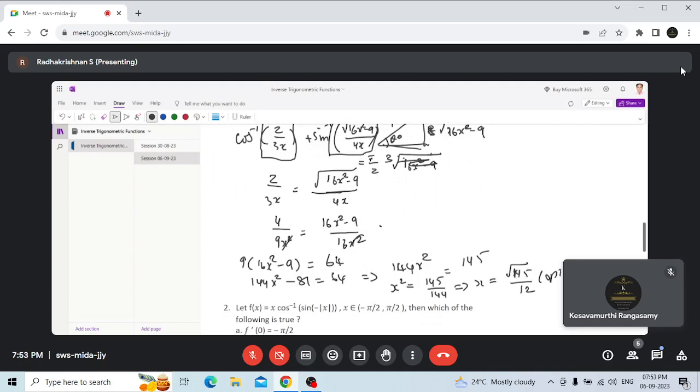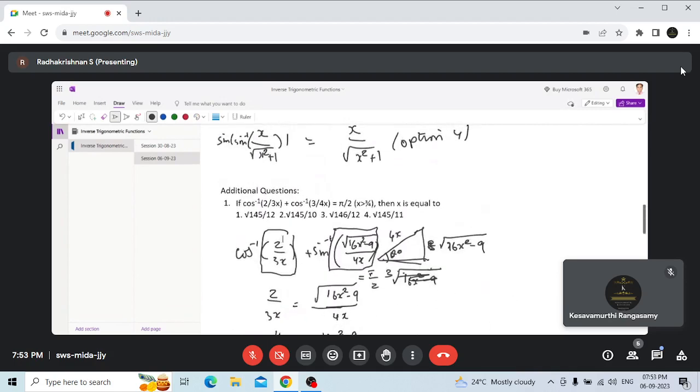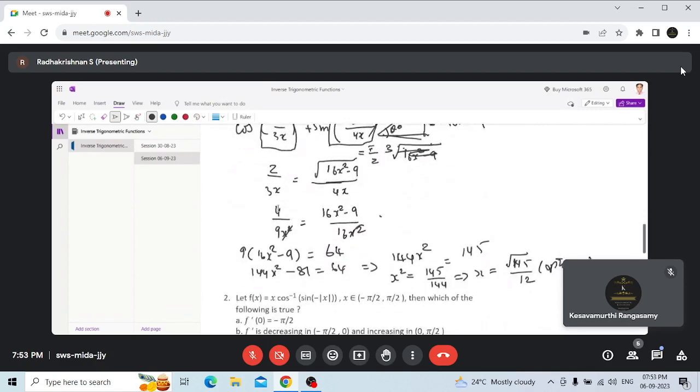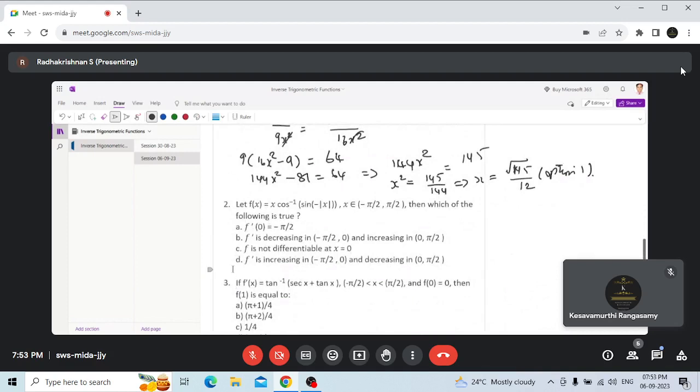Option 1. Okay. Root of 145 by 12. Okay, so do this.